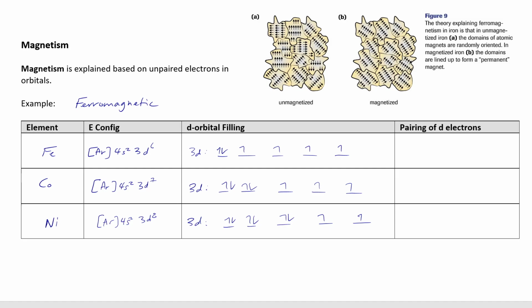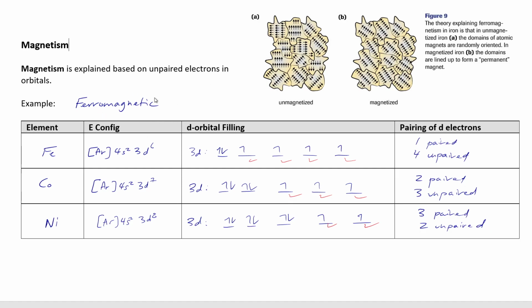What you perhaps will notice is that there are all these unpaired electrons here. Unpaired electron spins. In the first case, we had 1 paired and 4 unpaired. Then 2 paired, 3 unpaired, and then 3 paired and 2 unpaired.